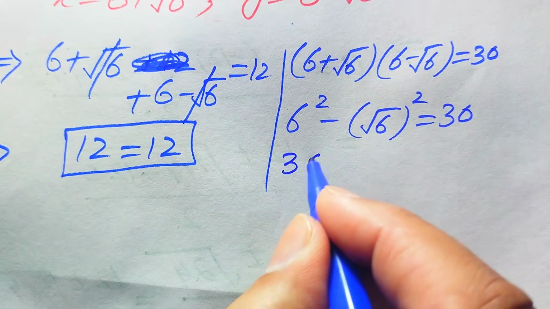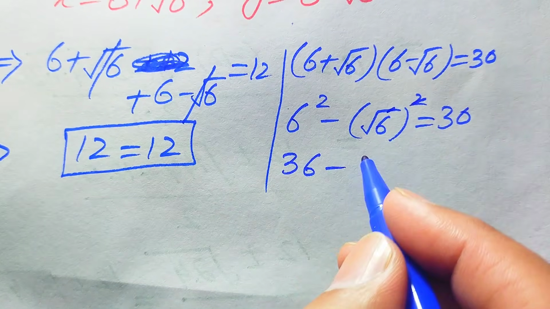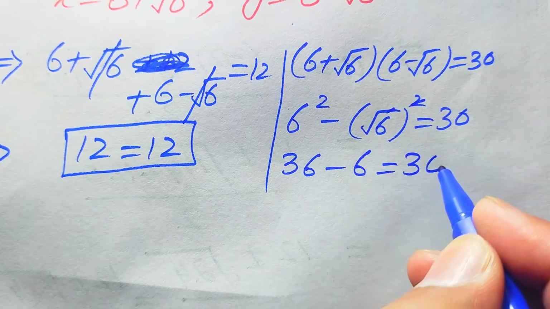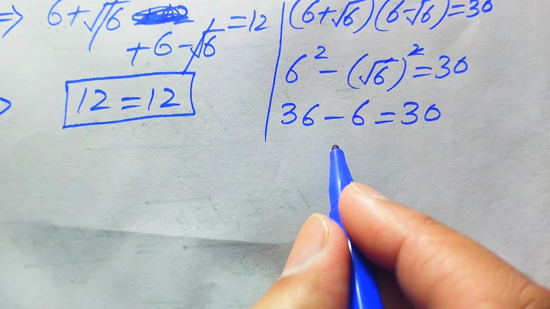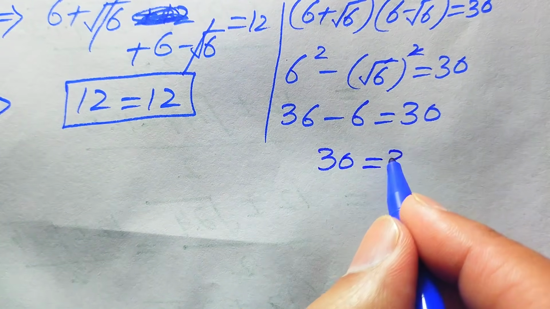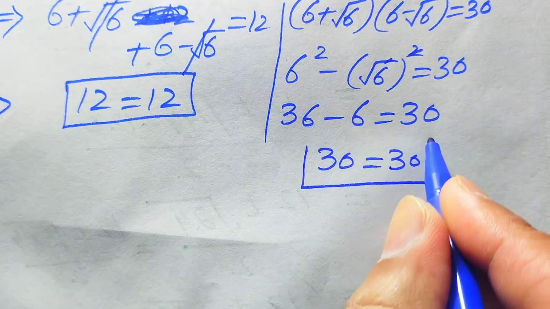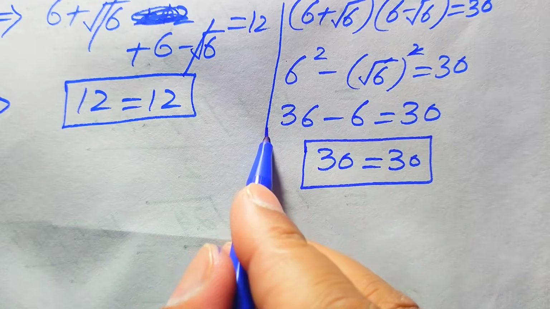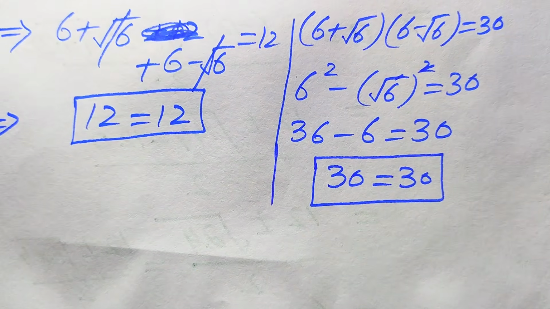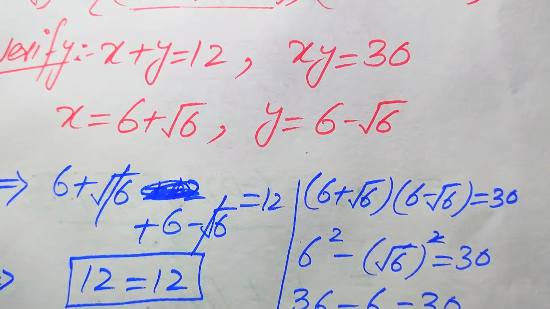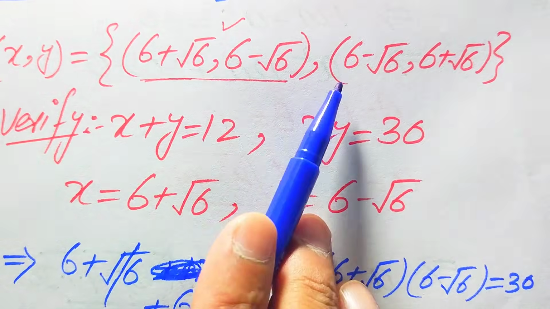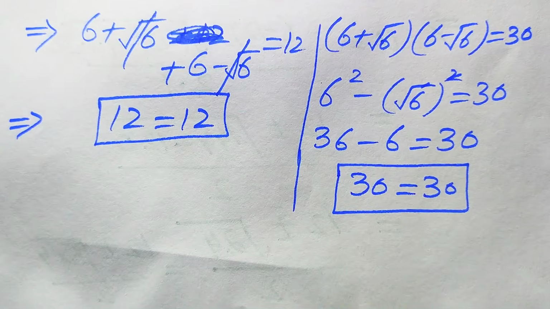So 6 squared becomes 36 minus 6, since the square and the square root cancel, and 36 minus 6 becomes 30, so 30 equals 30. This shows both sides are equal, which concludes that the values of x and y satisfy our given question statement. So finally both of these roots are in the solution set of the given equation.